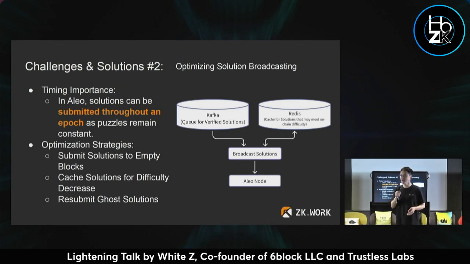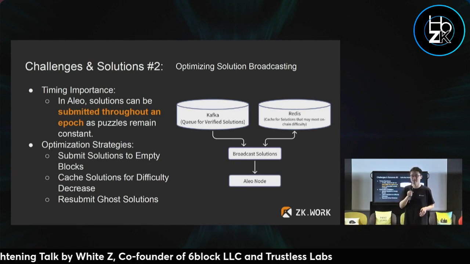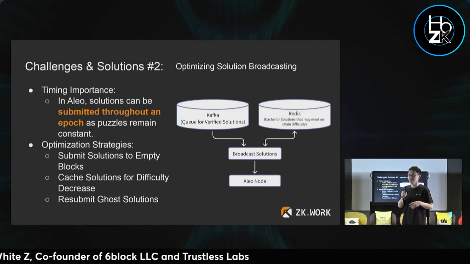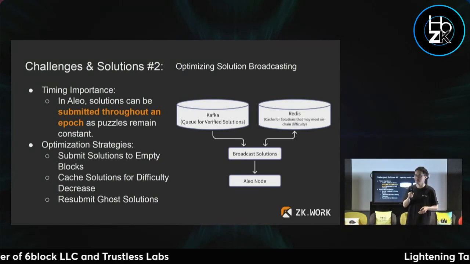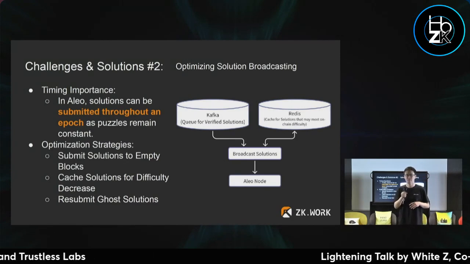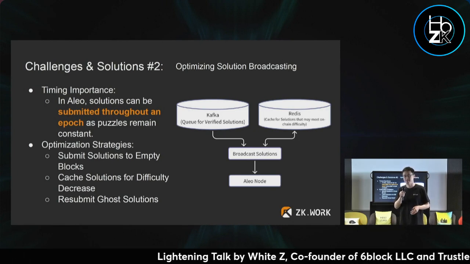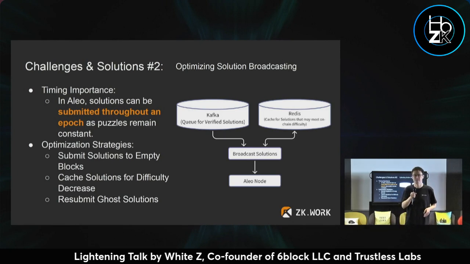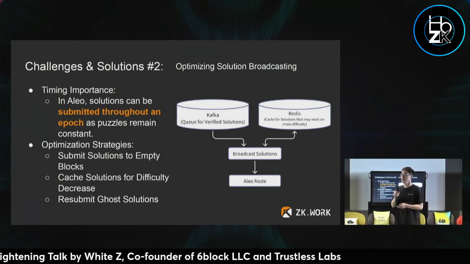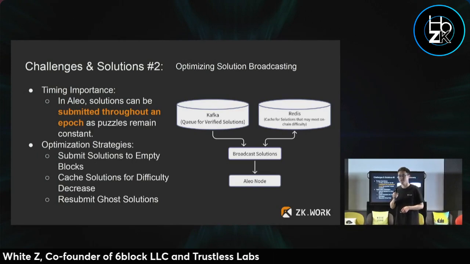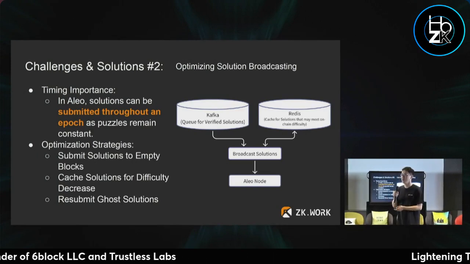The official team calls them ghost transactions. This also happens when you submit solutions to the network. So if we see that one solution cannot be accepted by the network, we can resubmit it to get it on chain. So that's the second challenge and solution we had.